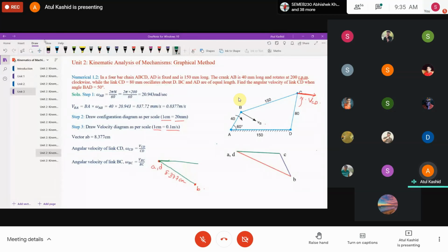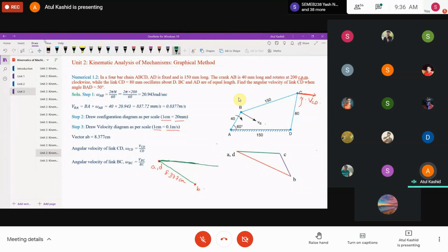Right? Now remember one thing, we don't know the magnitude. For vector AB, we were knowing the magnitude, which was 8.377 centimeter. So we drew that vector up to that centimeter, but here we don't know the magnitude. So we don't know whether we are going to get the point C on this side or on this side.